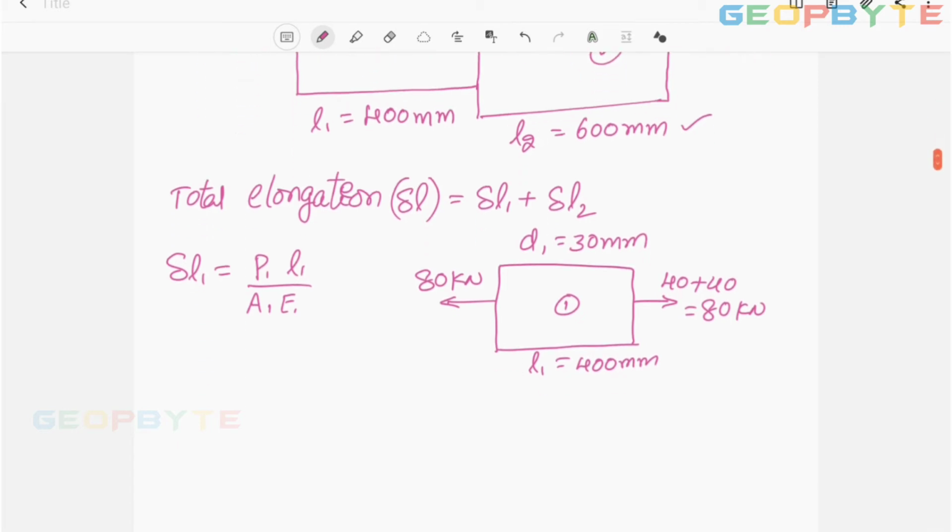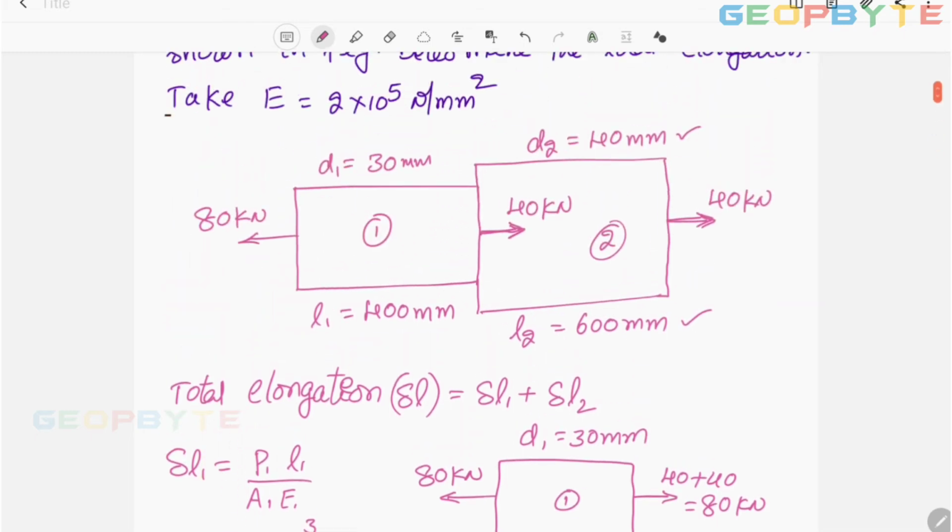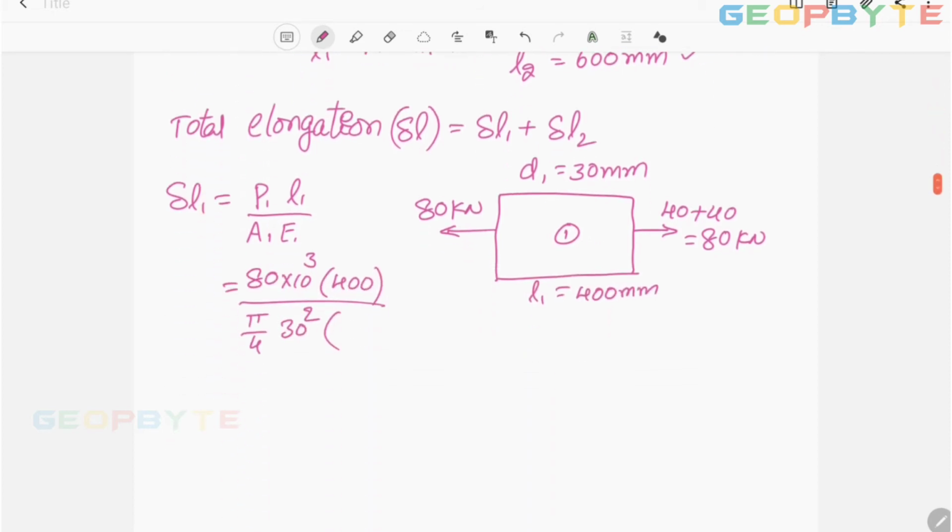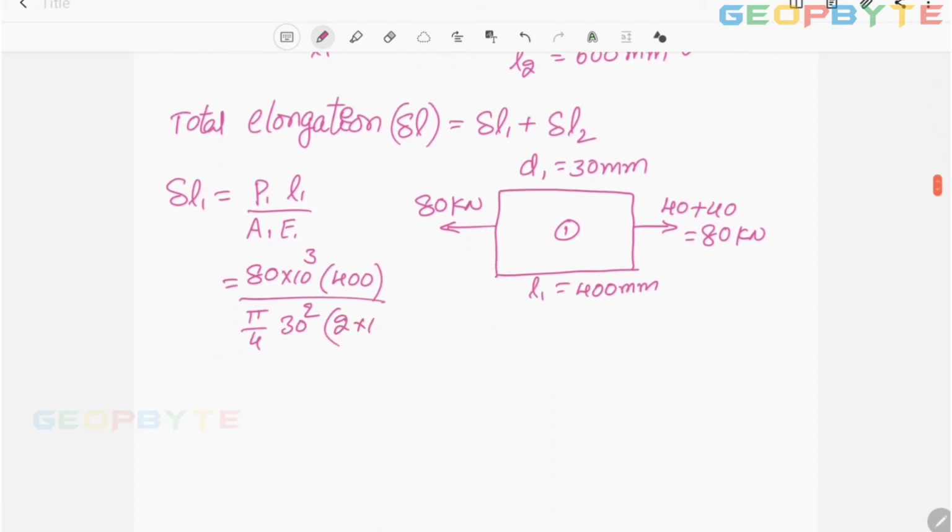Therefore here P1 equal to 80 into 10 raised to 3 into L1 400 divided by A1 pi by 4 into D1 square, 30 square, multiplied by Young's modulus. Young's modulus is given 2 into 10 raised to 5. You simplify this value for getting the delta L1, 0.095 millimeters.